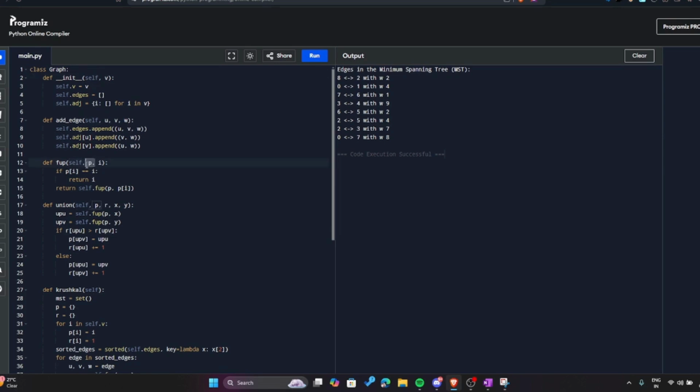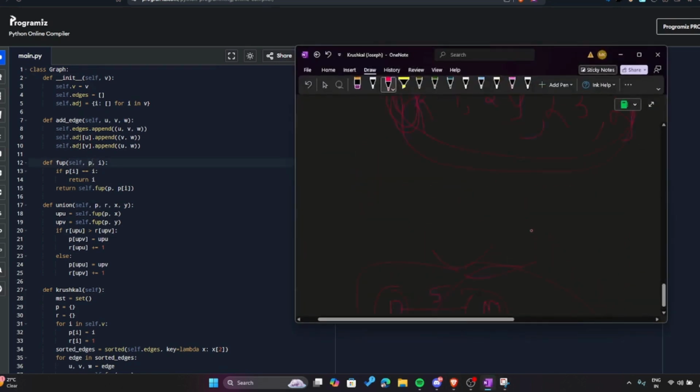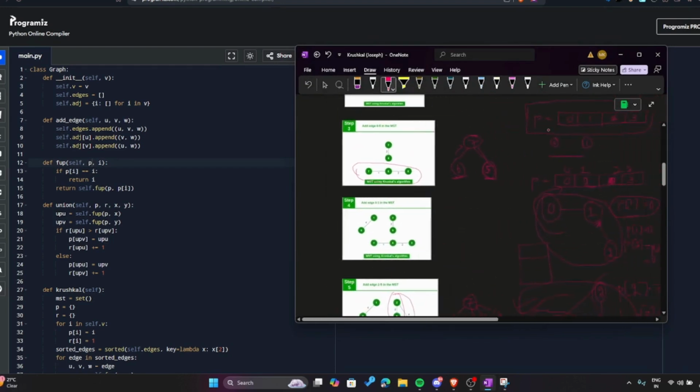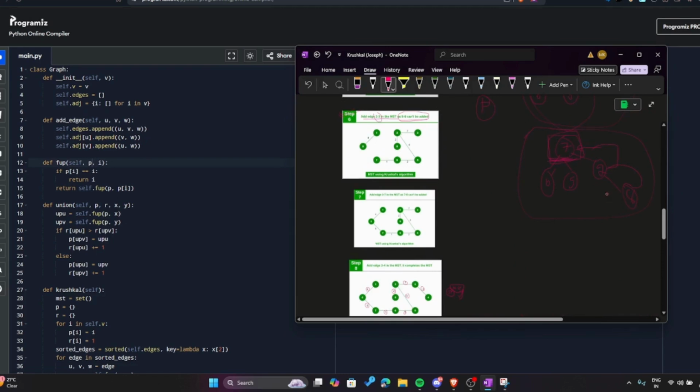And next you have p, which is a parent array, as I explained earlier in this video. And I did explain about this sort of problem that you could actually go about facing. So the node has to be the parent of itself.